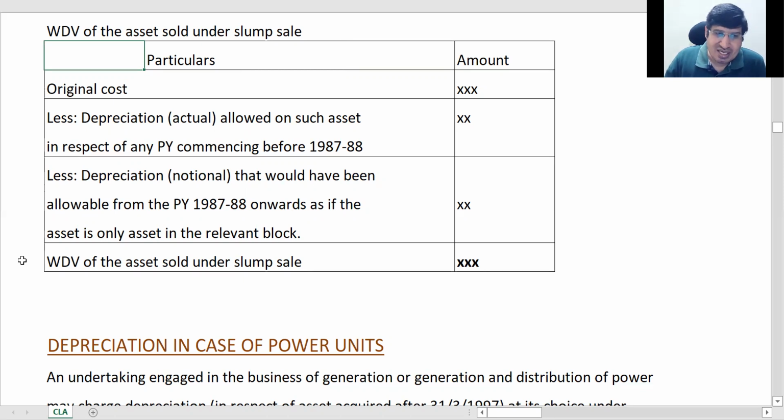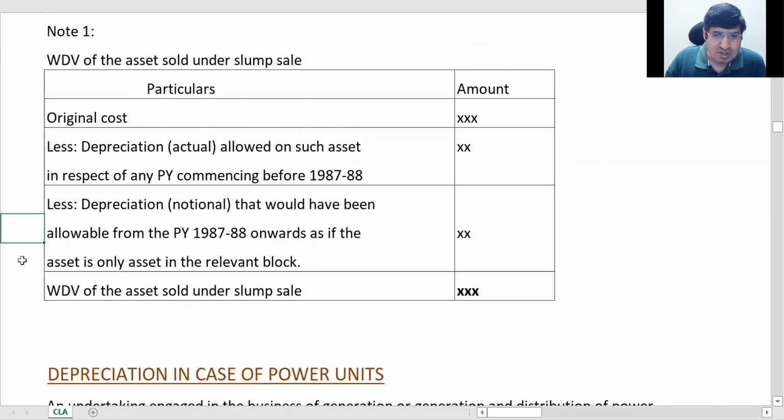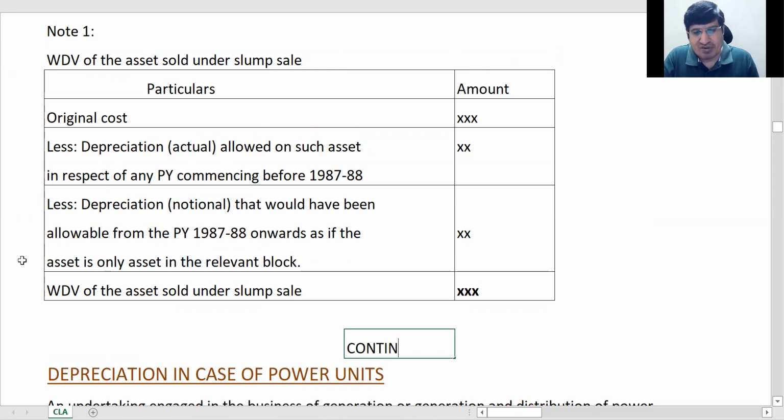और कोई क्वेश्चन किसी का, कि यहाँ पे मैं क्लोज करूं? ठीक है, ये हमारा स्लम सेल खत्म हुआ, कंटिन्यू ईयर। नाउ ये जो मैं बता रहा था ना आपको पावर यूनिट्स का, दैट डेप्रिसिएशन, उनको स्ट्रेट लाइन मेथड एंड डब्ल्यूडीवी both are allowable. This is the only case, otherwise SLM is not allowed in tax.